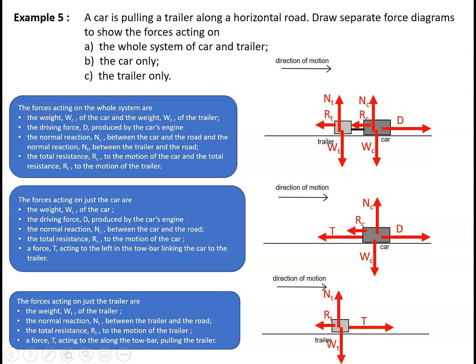So there we've got our force diagrams for the whole system at the top, for the car alone in the middle, and then for the trailer alone at the bottom of the page.